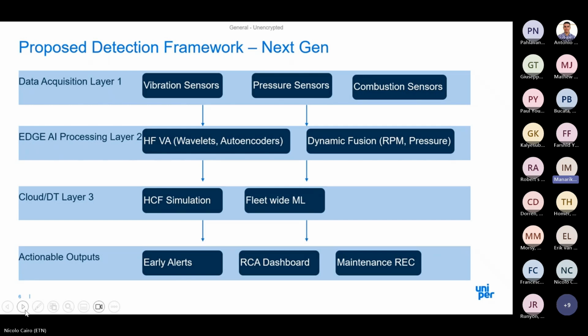Obviously, we are not interested only in one asset, but we wanted to diversify into all assets, so all assets can talk to each other about what's happening on different GTs.